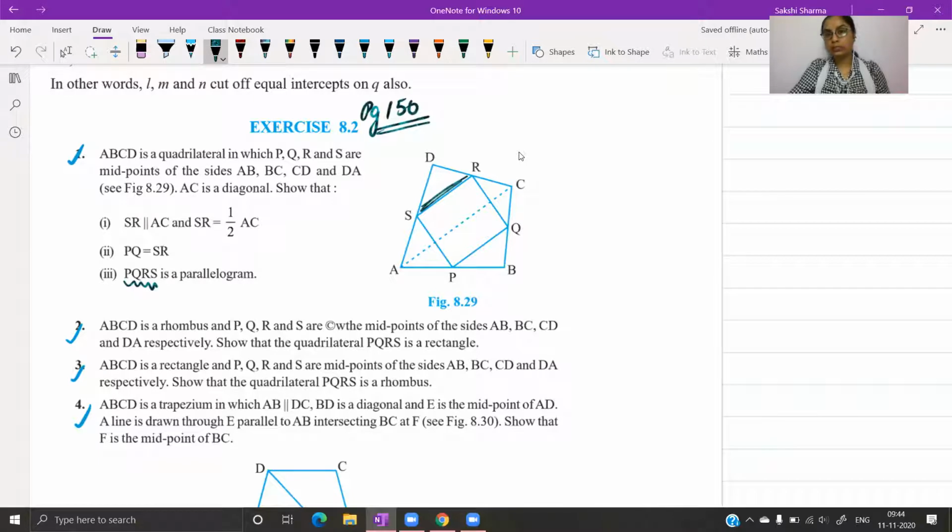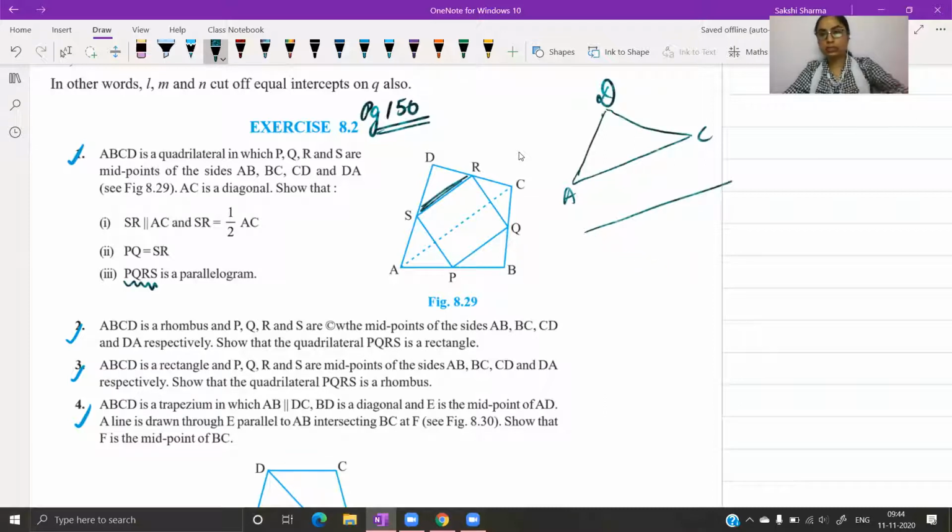So I would be doing this in parts. I would be taking the two triangles that are formed by the diagonal AC, one by one. When you draw the diagonal for this quadrilateral, there are two triangles that you can observe on either side. So if I had to just draw those, in either of these triangles, we have midpoints for the sides of the quadrilateral.